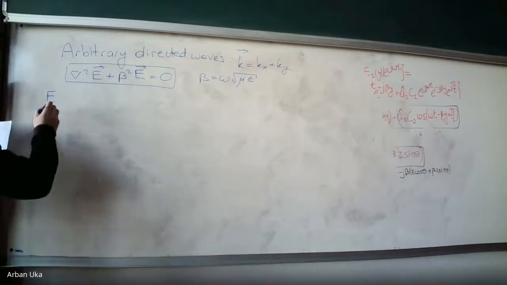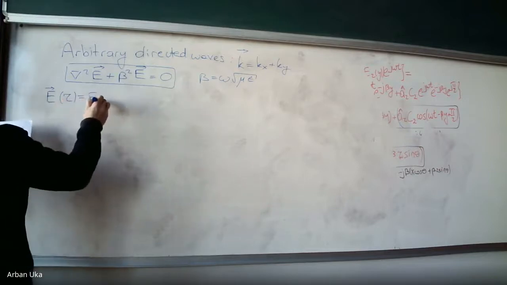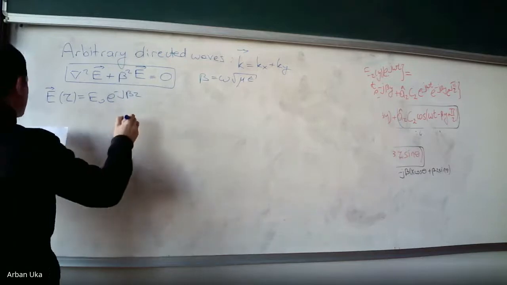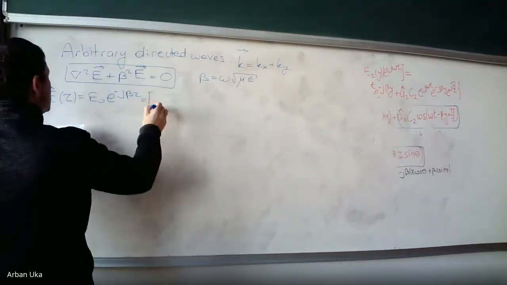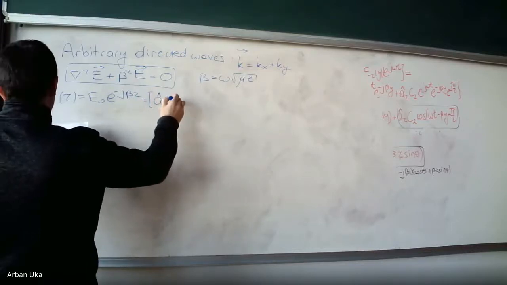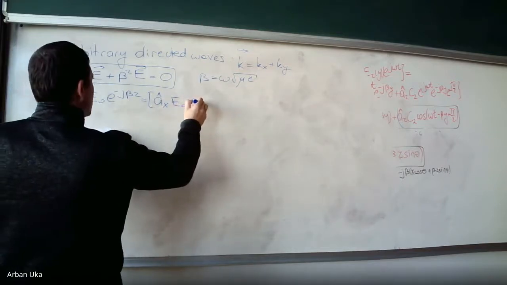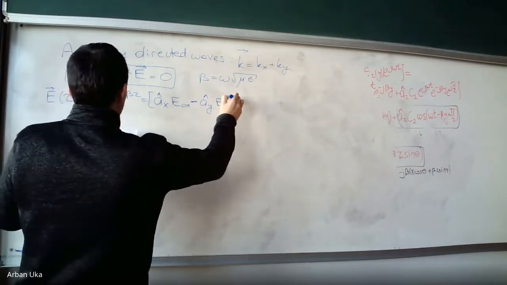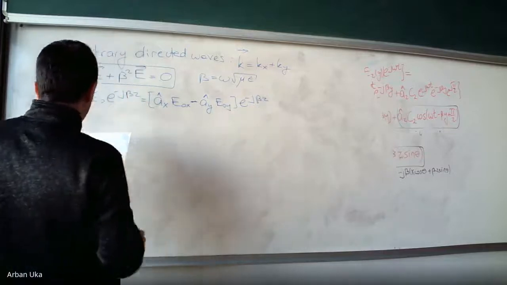So then the electric field as a function of z is equal to E0 e to the power minus j beta z, and let's assume this is ax times E0x minus ay E0y, e to the power minus j beta z.